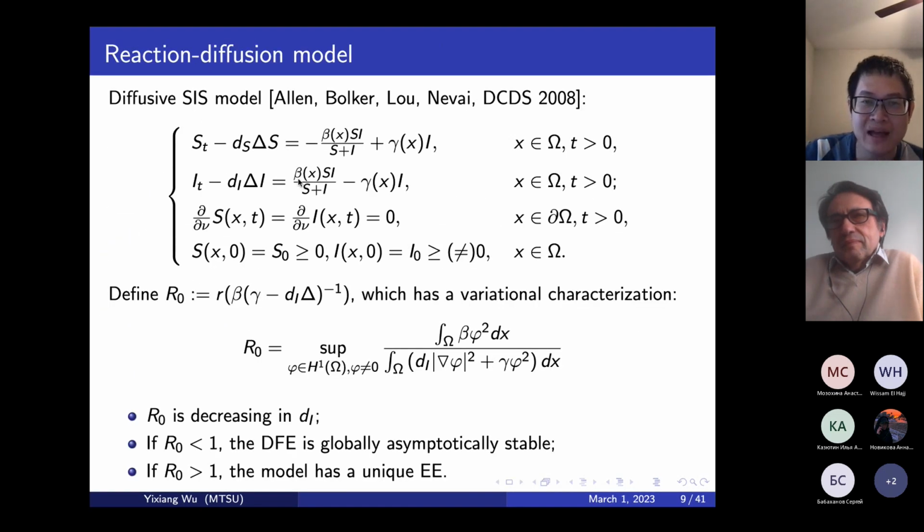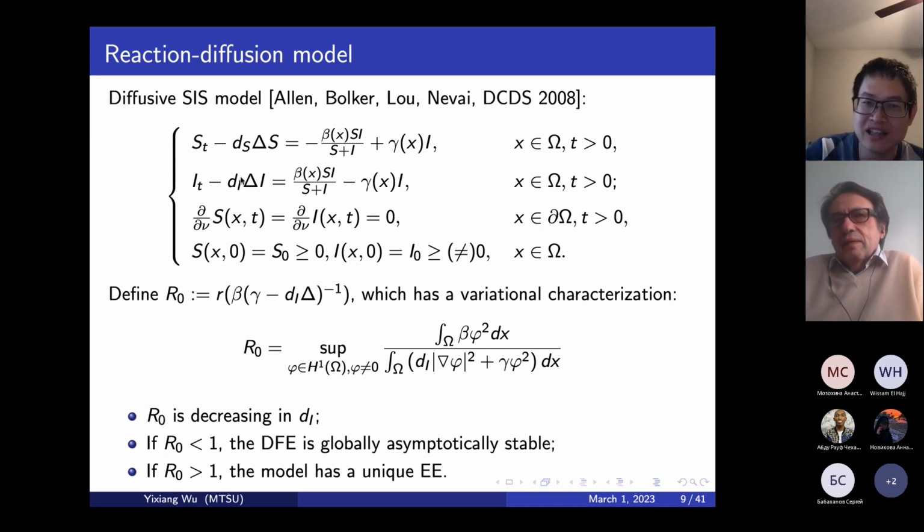If we use beta Si instead of beta Si over S plus I, then we call that mass action. This is also widely used in models. If we do beta Si, then you don't have similar results. If you send DS to 0, you cannot eliminate the disease.